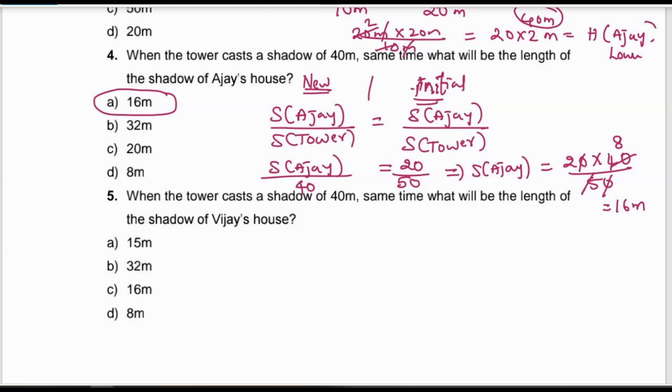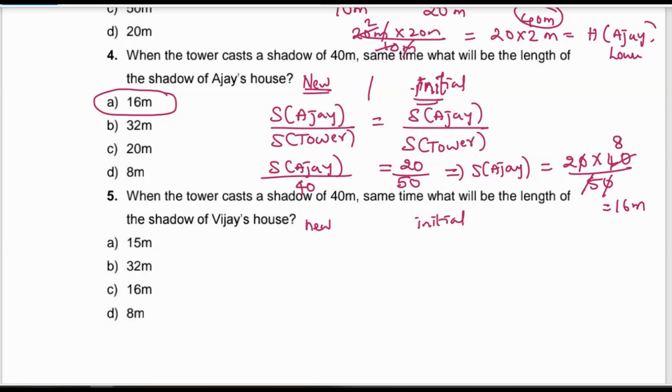Then moving on to the next one, when the tower casts a shadow of 40 meter, at the same time what will be the length of the shadow of Vijay house? Same way we have to do it for Vijay house. That is new values what we got and initial values what we had.